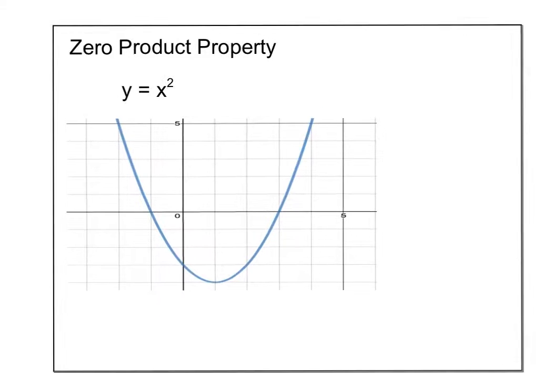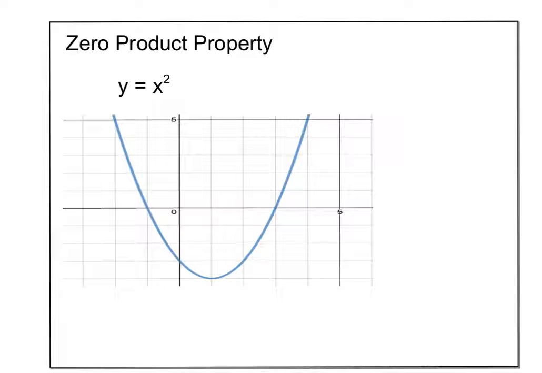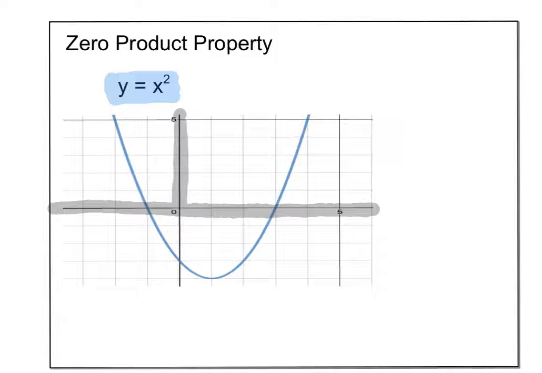So if you take a look at this one for the zero product property, please notice we have y equals x squared, so you can see the U shape on the graph. Let's center ourselves a little bit: right here is our x-axis, and right here is our y-axis.